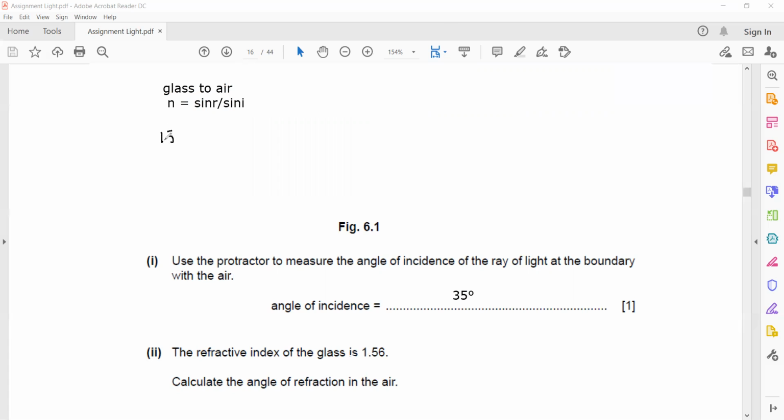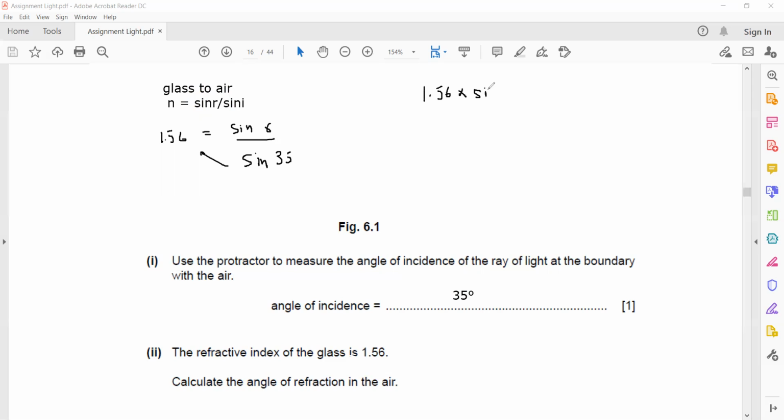So 1.56. Sine r we don't know, and sine i we already have. We just solved the previous part, which is 35. Sine 35 is divided, on the other side it will be multiplied. So 1.56 multiplied by sine 35.